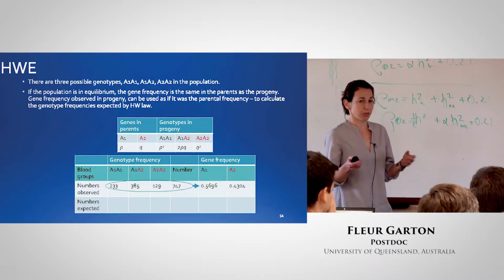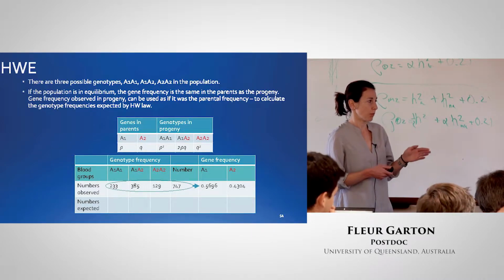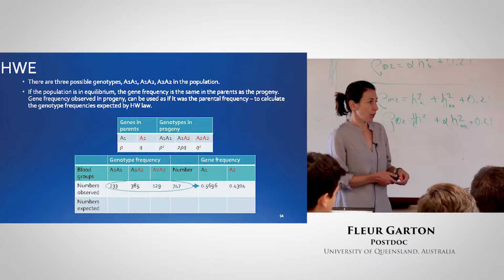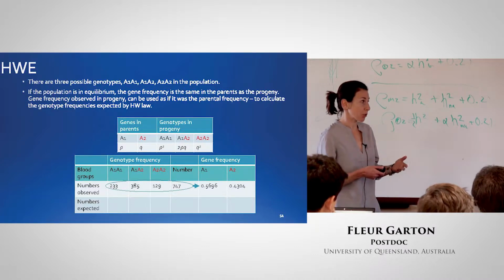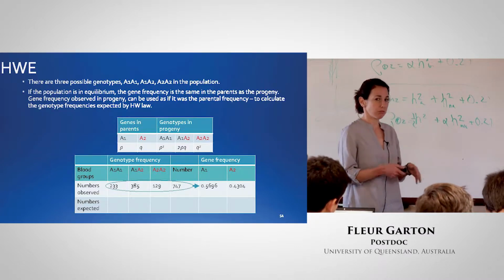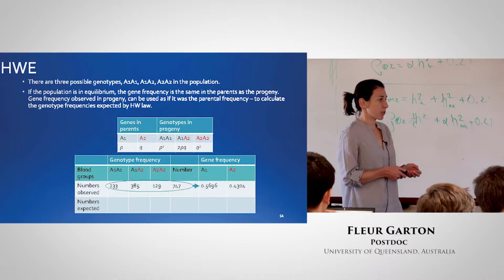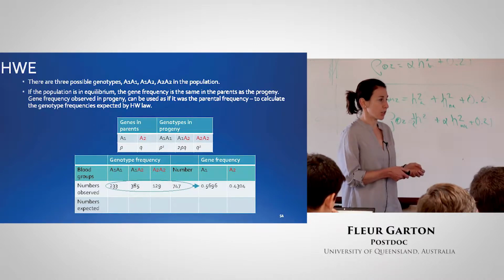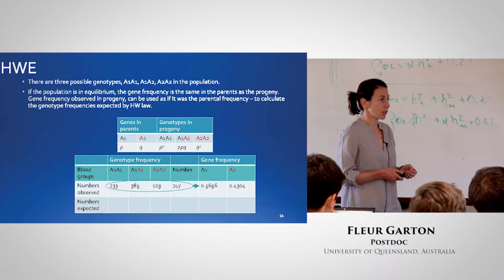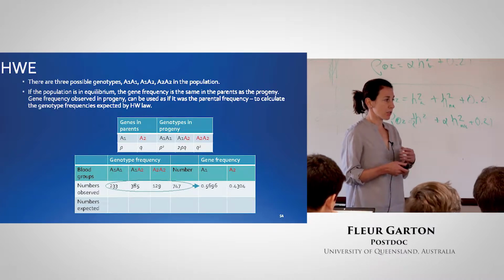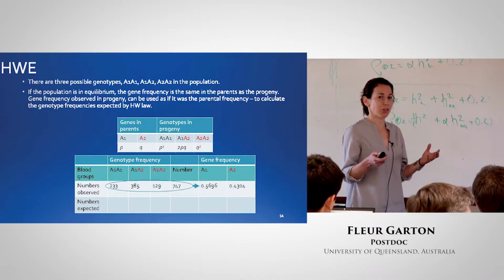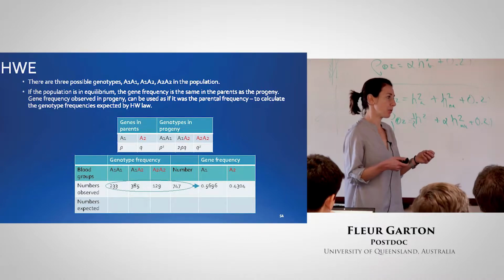And then we know both alleles add up to 1, so you can either go 1 minus 0.57, or you can calculate the A2 in reverse. So for the A2 alleles, it's 129 times 2, plus 385, over double this number. So this is basically what the parental allele frequency would be.